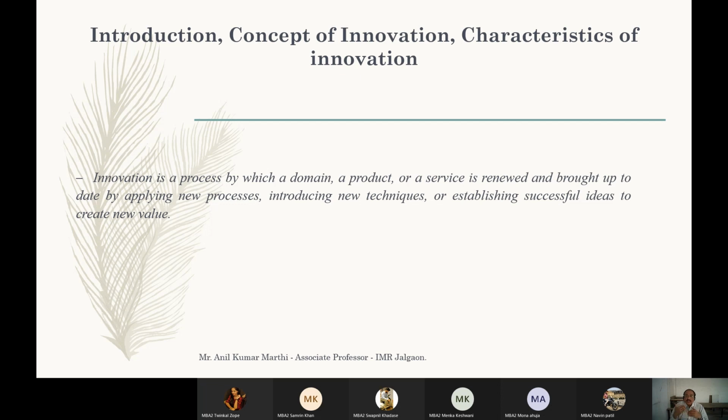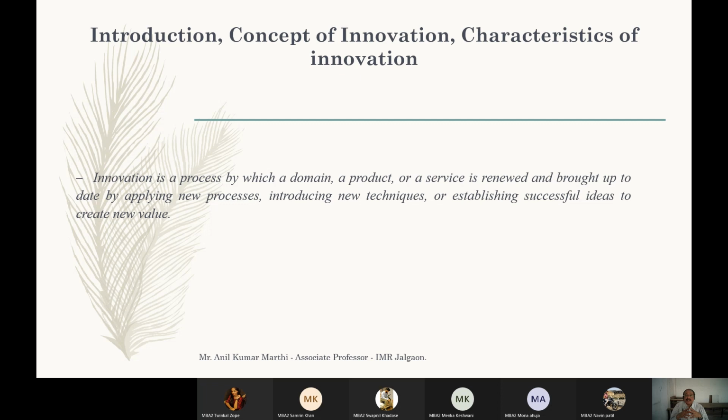Normally, when you think about innovation, we think that a completely new product or a new service which is not known till today is developed. That is what is called innovation. But by definition, it is not so.